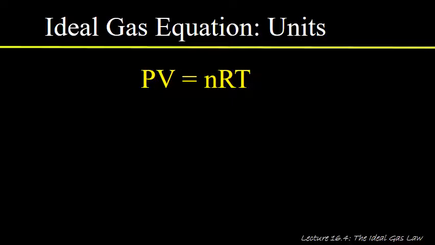All right, let's take a look at the ideal gas equation. I should have mentioned this on the last slide when I was introducing the equation. We have these four variables, pressure, volume, number of moles, and temperature, but we've also got this new one in here, this capital R, and this capital R is called the ideal gas constant.